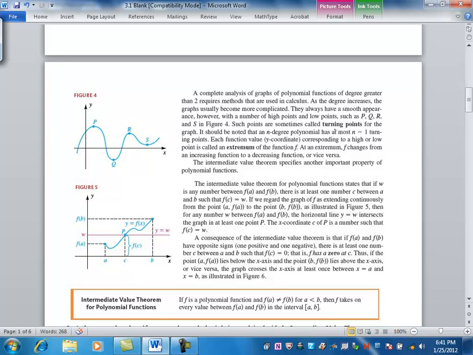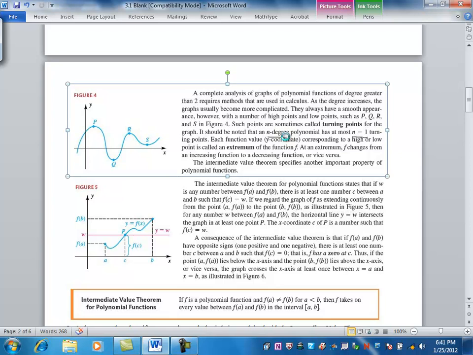Such points are sometimes called turning points, and we call them that because here we're turning from going up to down, going down to up, up to down. So those are turning points. And if we've got an nth degree polynomial, we've got at most n minus 1 turning points.